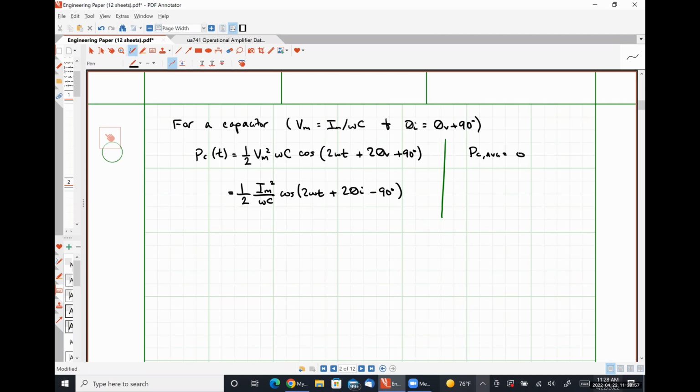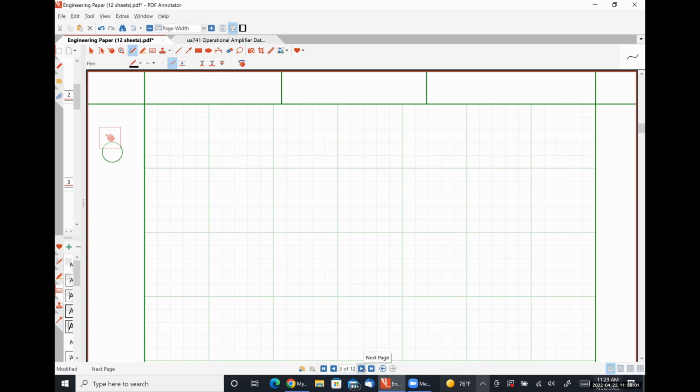All right, so the next topic that I would like to talk about is the concept of maximum average power transfer. And this is new.